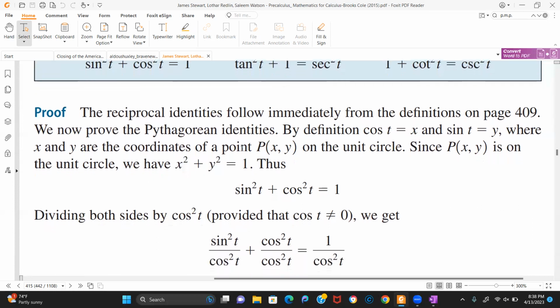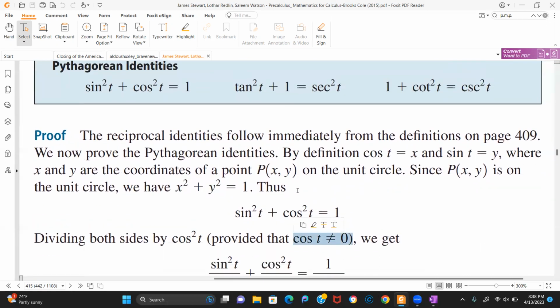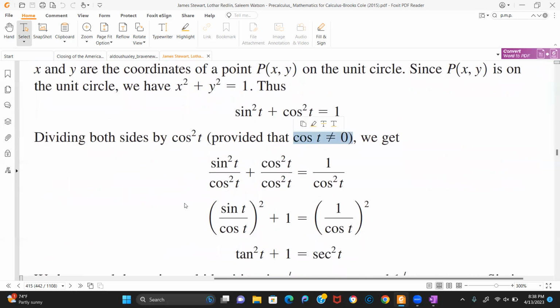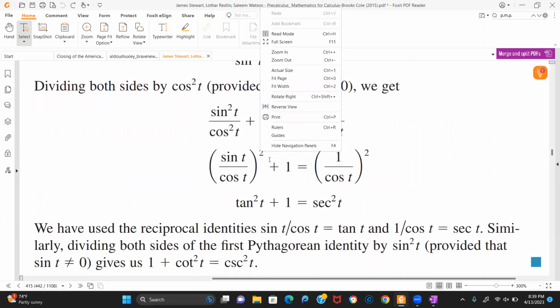As for the second one, just divide by cosine t. Well, you have to assume that cosine t is non-zero. So when you take this equation and divide both sides by cosine squared t, you get sine squared t over cosine squared t, then cosine squared t over cosine squared t, which is just 1, and then 1 over cosine squared t. You can factor out the exponent in a sense.